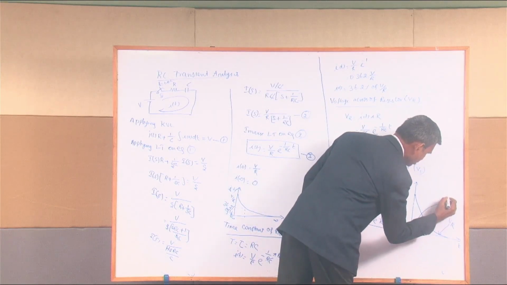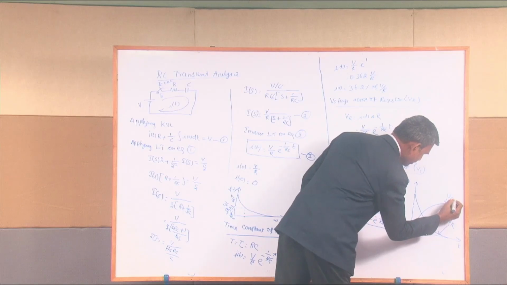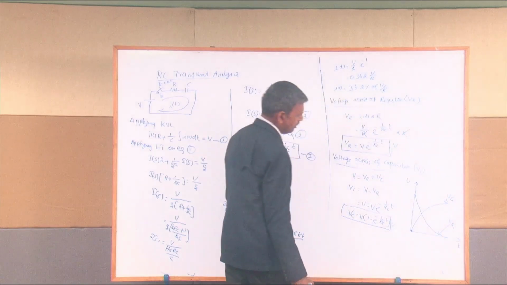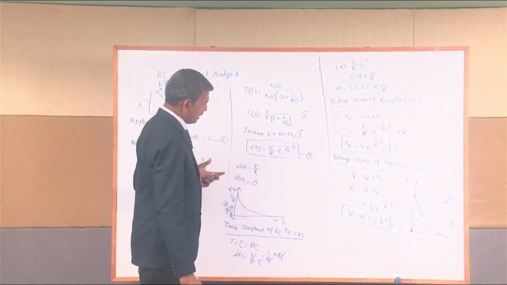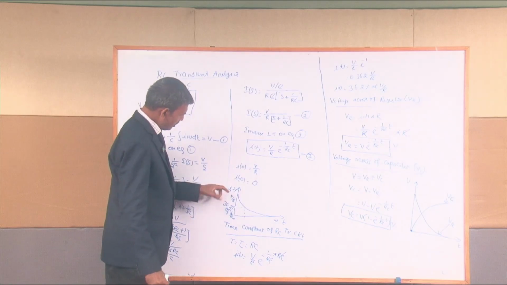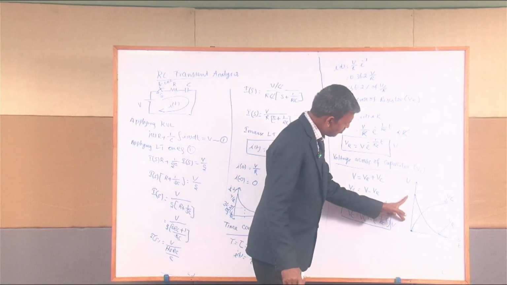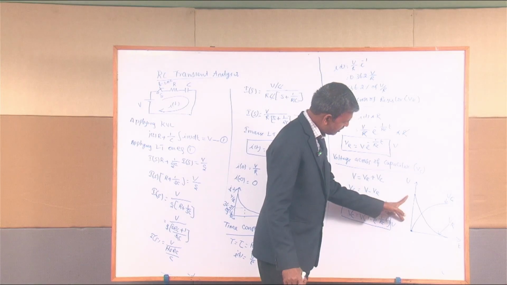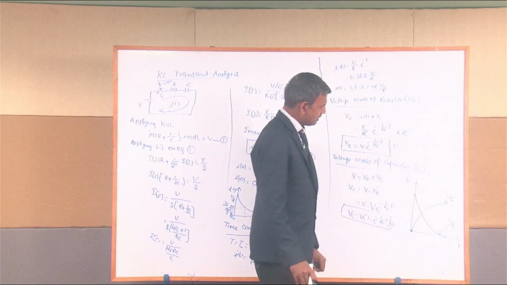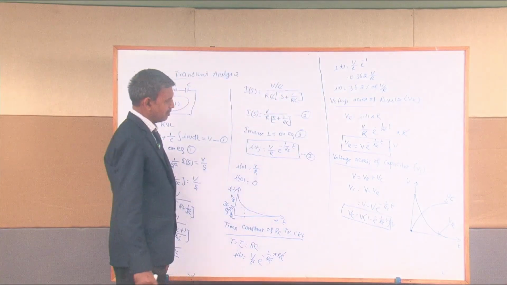So this is for the voltage across the capacitor. So we can draw the two responses: the transient current response, and the voltage across the capacitor and voltage across the resistor responses.